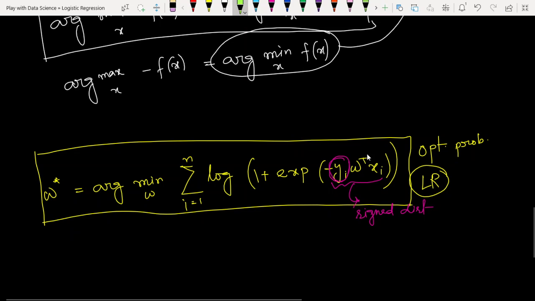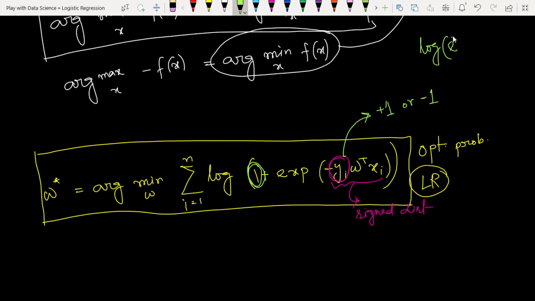The value of yi here is plus 1 or minus 1. Now we just want to play with these equations. If we do not use 1 here, what will happen? Then log and exponential are both cancelled, because we know this formula: log of exponential of x is equal to x.